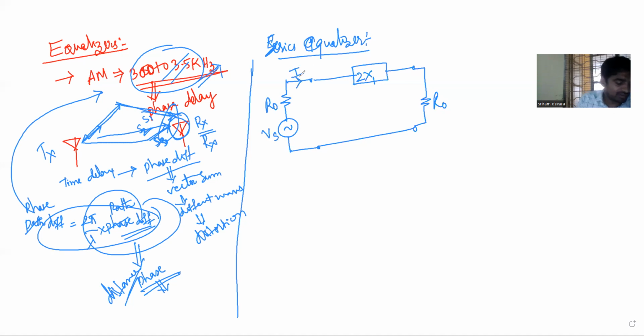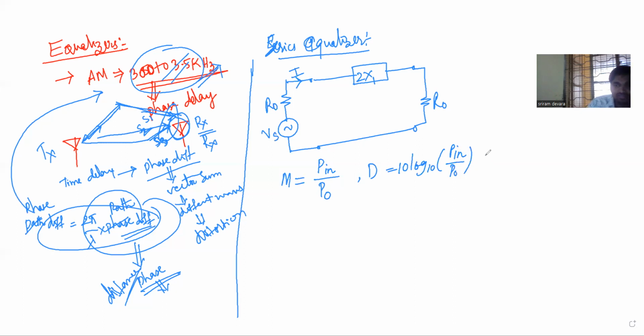Whenever an equalizer is to be designed, the loss in dB and the impedance R naught at which it has to work are given. Here M is the ratio of input power to output power, and the distortion attenuation D in dB is 10 log10 of P input divided by P output.